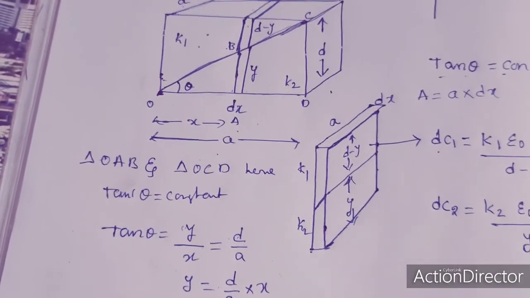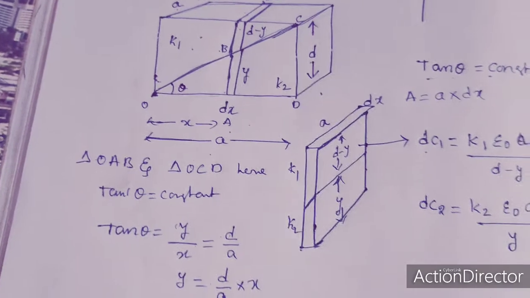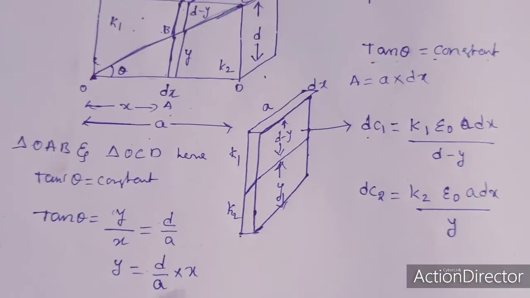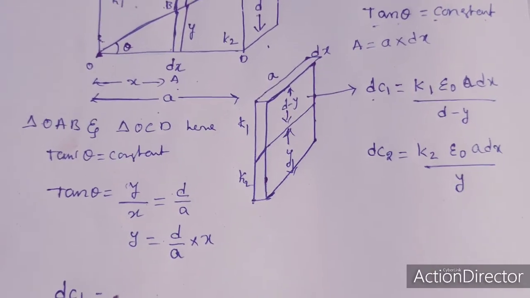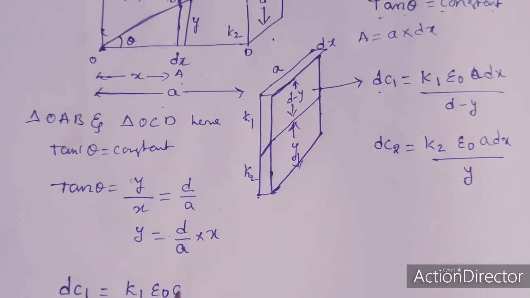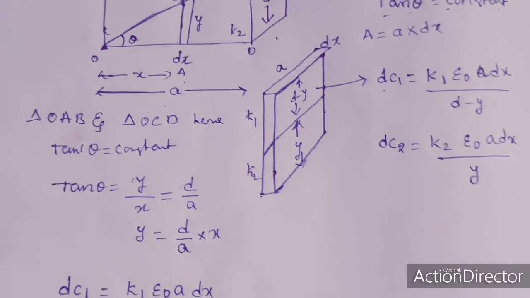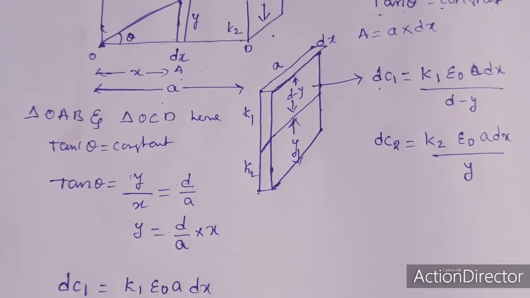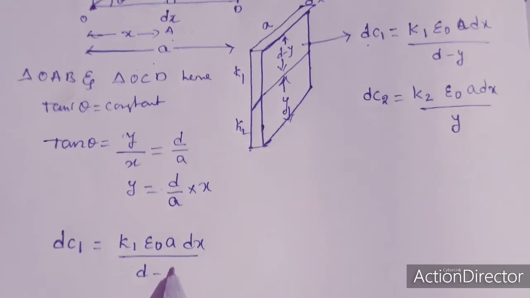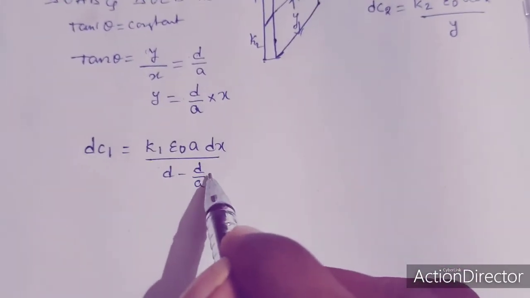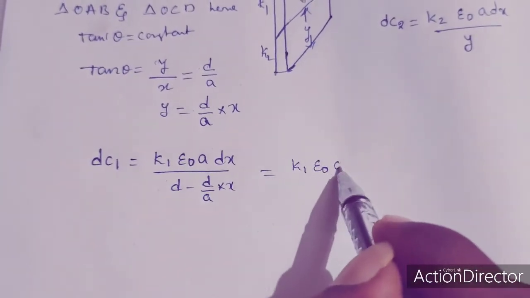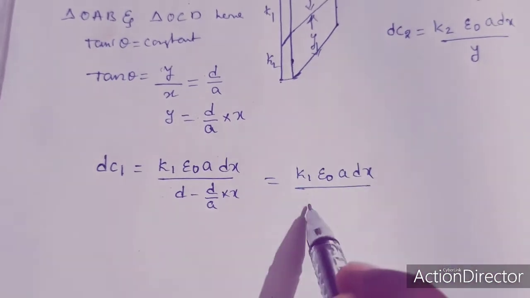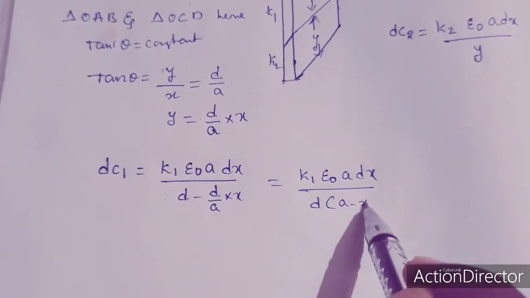We can substitute this value in this formula. So dC1 equal to K1 epsilon naught A dx divided by d minus y. In y's place we substitute d by a into x. That is equal to K1 epsilon naught A dx divided by d into a minus x.